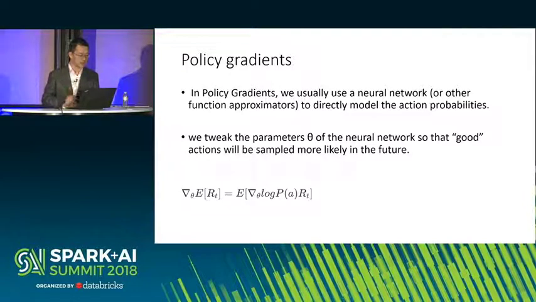As I mentioned earlier, in policy gradient, we use a neural network to directly model the action probability. That means the output of the neural network will be the probability of the action. So we tweak the parameters of this neural network so that the good actions can be sampled more frequently than the bad ones. I will bypass the derivation, but this is how we update the parameters of the neural network.